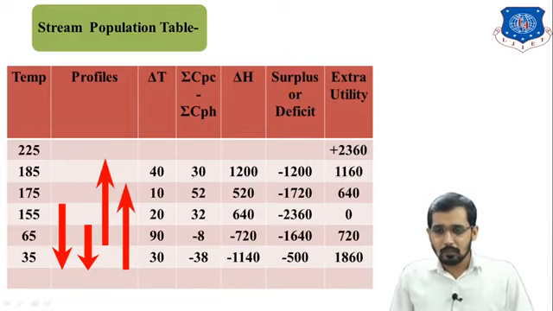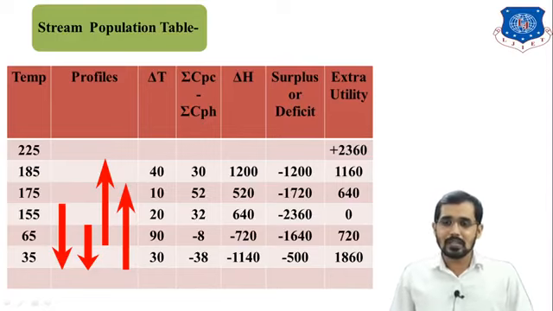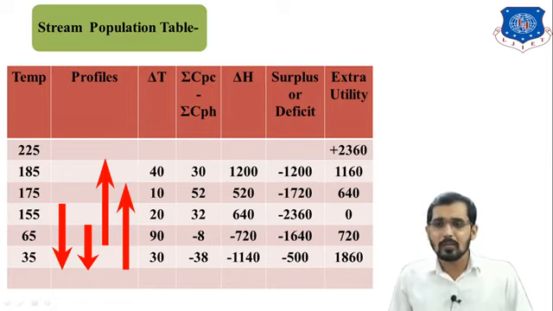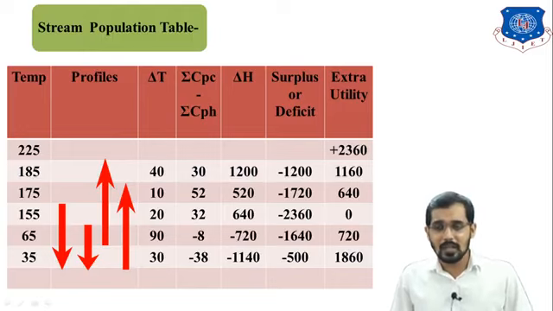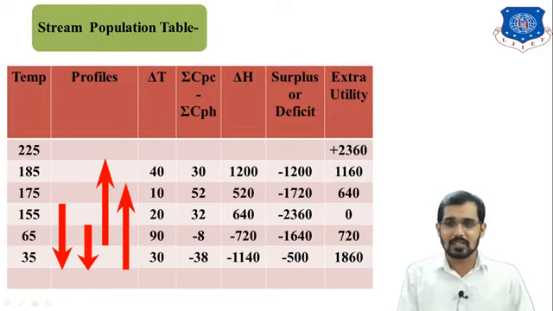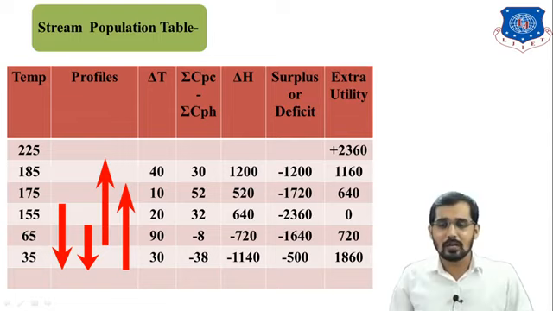In this 185 row, only one stream is available, and this is nothing but the C1 stream, the cold one stream. So you have to take the specific heat related to this stream. Now I have to write here the summation of CPC minus CPH.